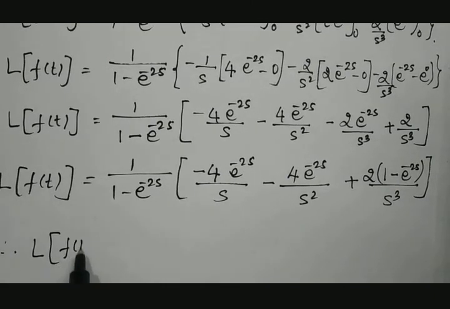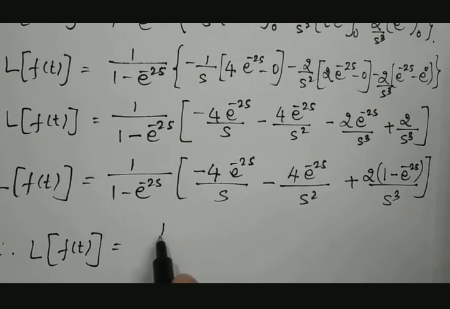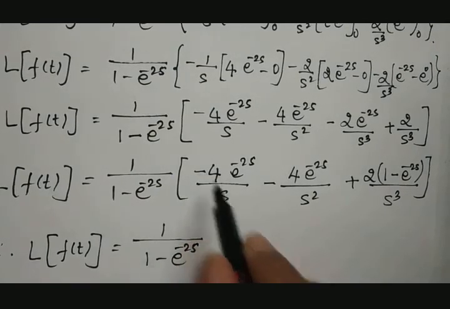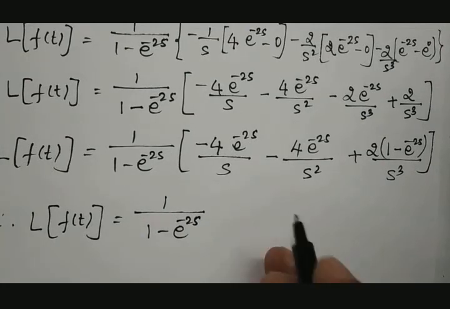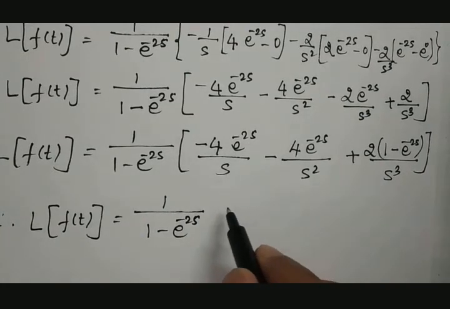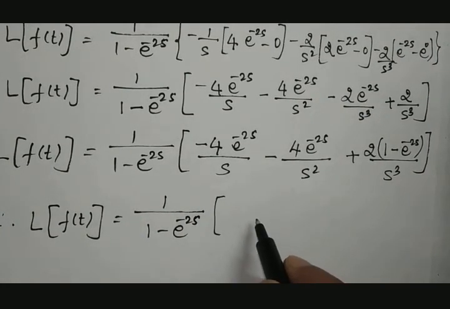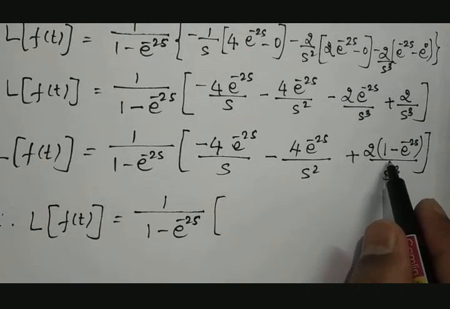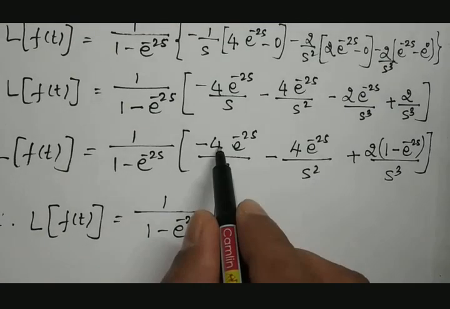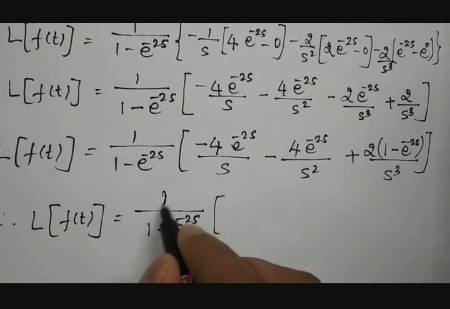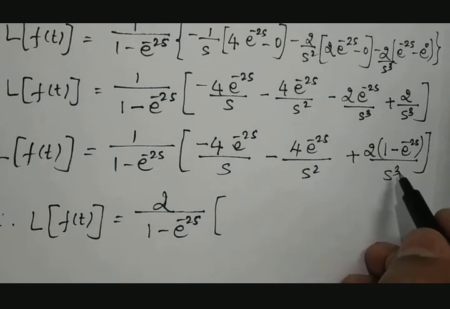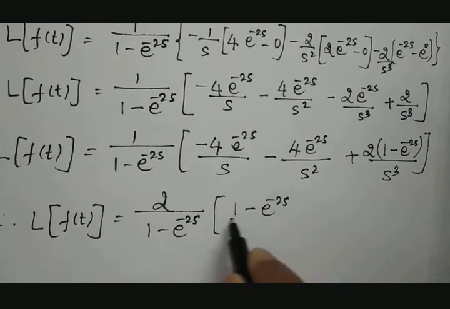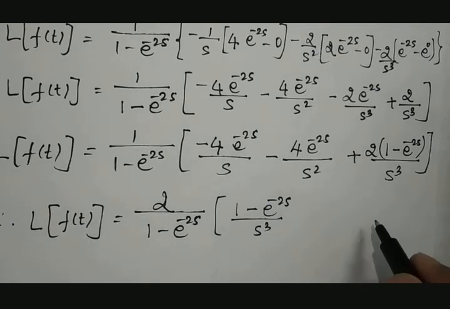Laplace transformation of f of t is equal to 1 divided by 1 minus e raised to minus 2s. To avoid minus sign in the beginning, I'll take the first plus term, that is positive term, from here. If I take 2 common, then what remains here? 1 minus e raised to minus 2s divided by s cube.